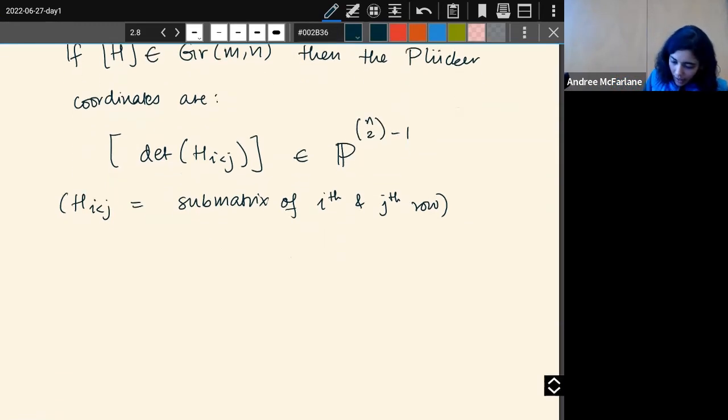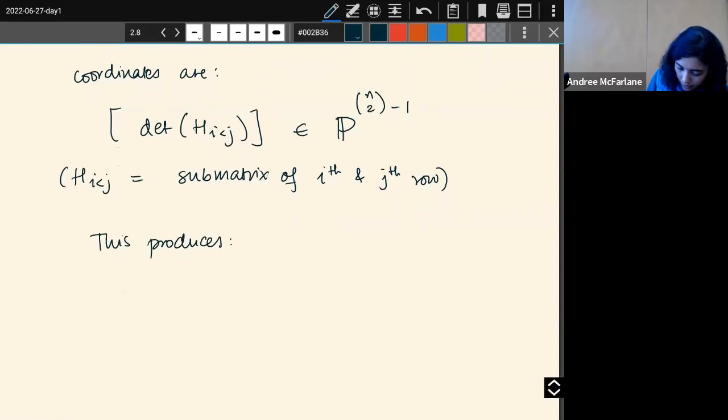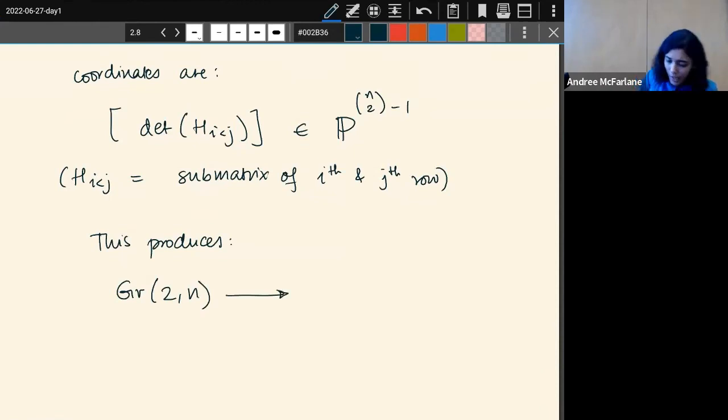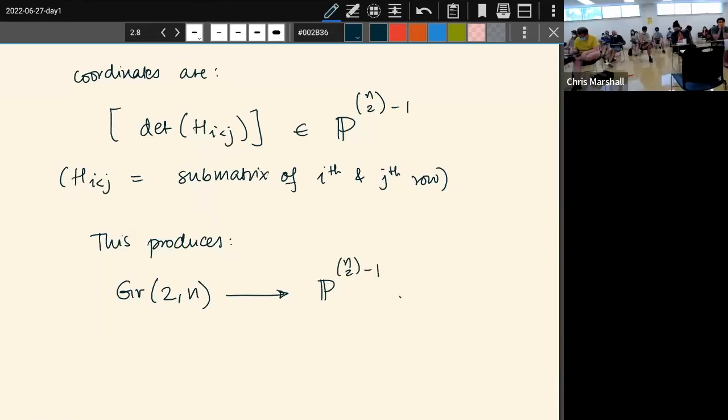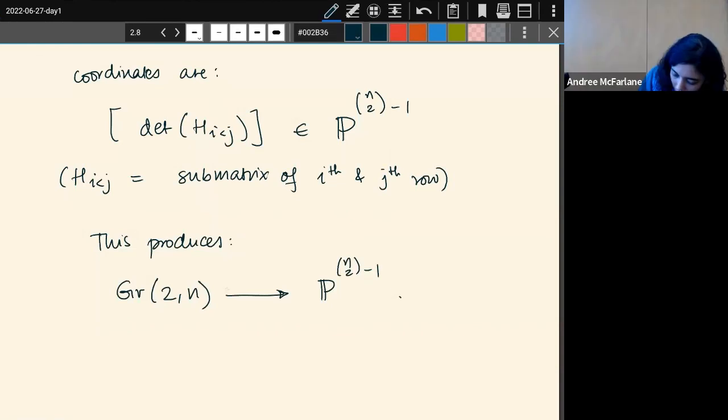And this gives me, in fact, a map. So this produces, and you could have done this, of course, for any m, not just m equals 2, but in fact, it's not too hard to show that this is an embedding.